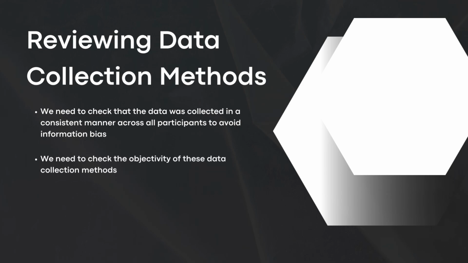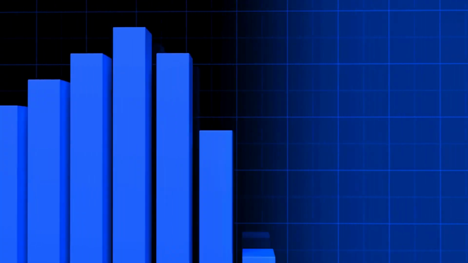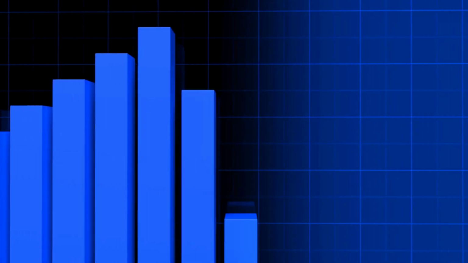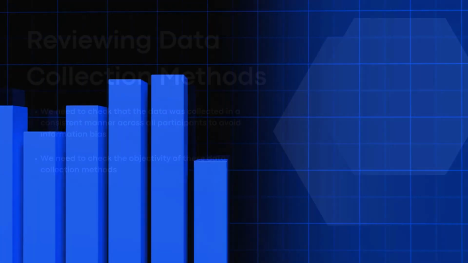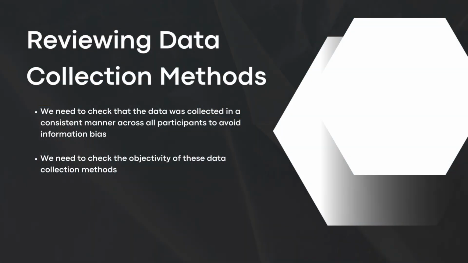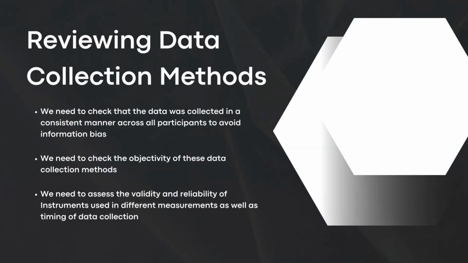And also, we need to check the objectivity of these data collection methods. So, to ensure that these methods were objective, standardized, reducing the risk of the interviewer or the detection bias. It is also important at this stage to assess the validity and reliability of measurement of the instruments used in different measurements and the timing even of data collection.